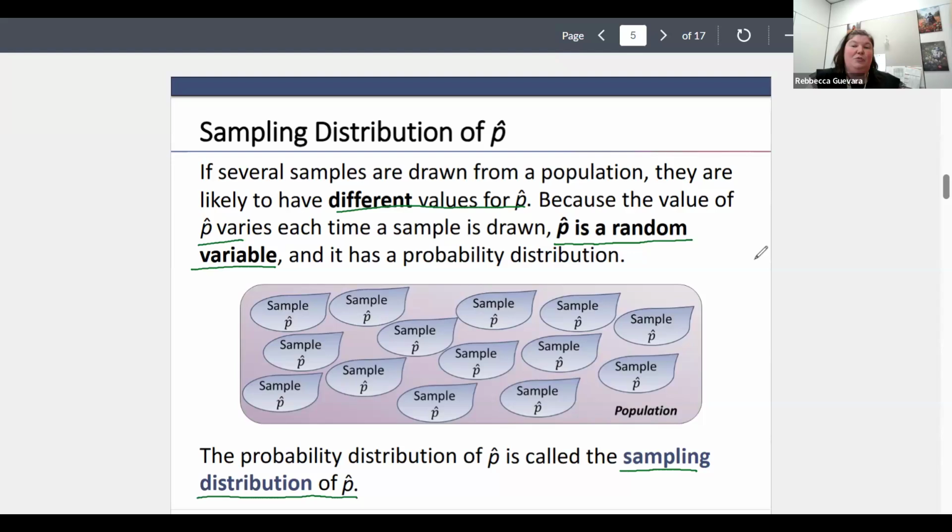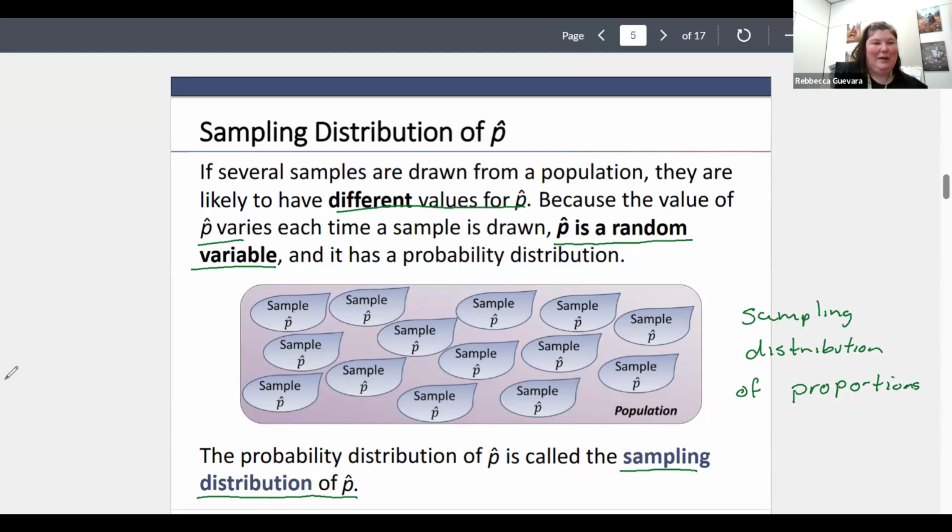So this is a sampling distribution of proportions, whereas before we were doing means. Try to spell proportions. I think I'm going to start writing that word a little too much.